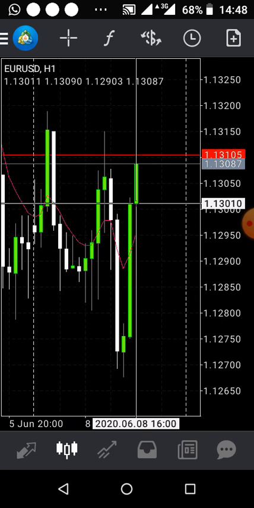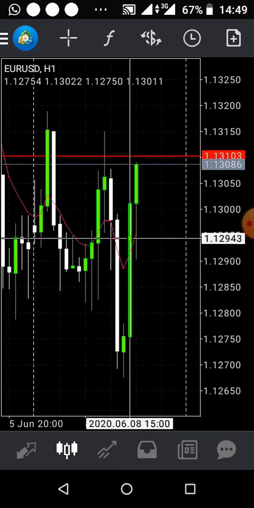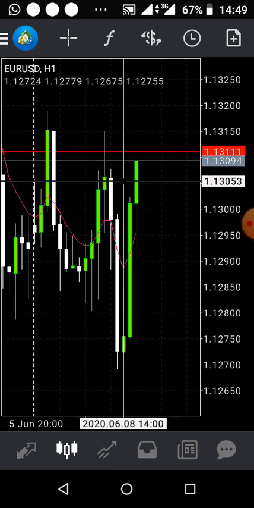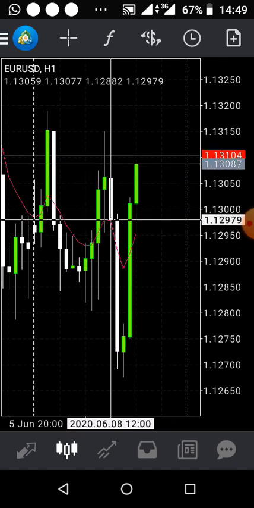So for a bullish candle, it opens low below. The opening is down while the closing is up. Now for a bearish candle like this white candle here, the opening is up while the closing is low.